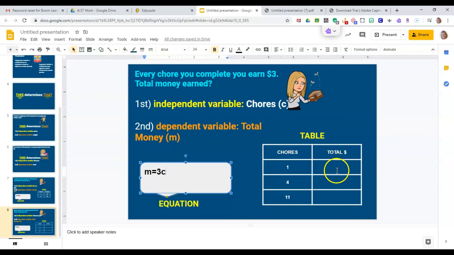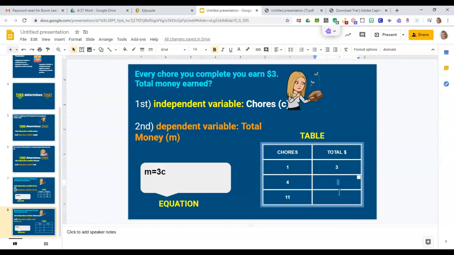Okay, so now we're going to fill in this table. So if I just do one chore, that means for one chore is $3. So I multiply that, and that's 3. If I were to do 4 chores, well, that would be 3 times the number of chores, which would be 4.